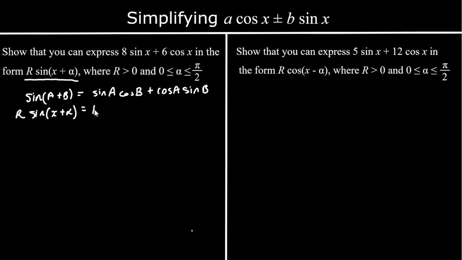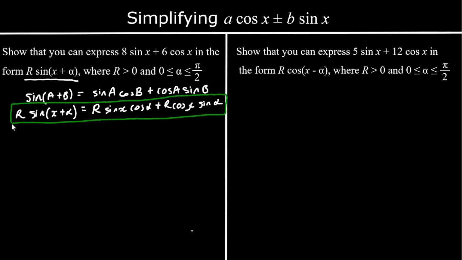I'm multiplying every term by r, so that equals r sine x cos alpha plus r cos x sine alpha. So this is what we're going to be using. That's our version of our addition formula.